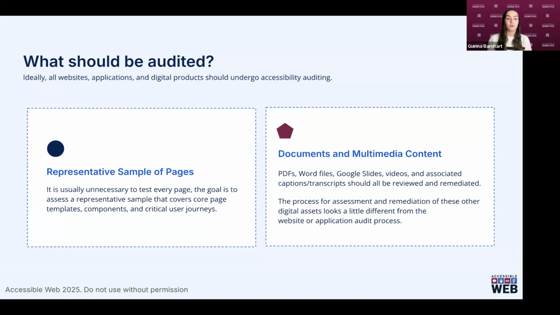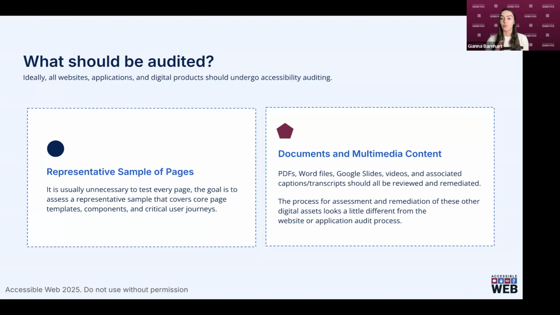And so when we actually scope out and conduct an audit, we are very rarely going to be auditing every single page of a website or application, every single screen, because the recommendation, the W3C's methodology for scoping out WCAG assessments, is to create a representative sample that covers the core functionality.